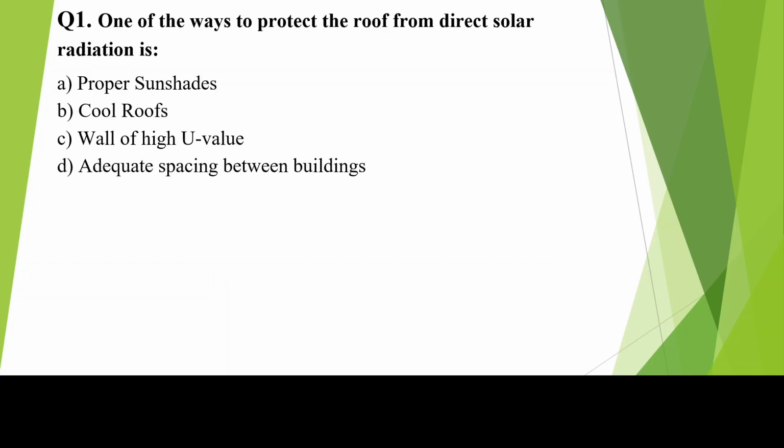Here is the first question for you all. One of the ways to protect a roof from direct solar radiation is... This kind of question they have explained very well in the lectures, and they asked it in the previous year assignment, and in this year's assignment also you will find a similar kind of question.